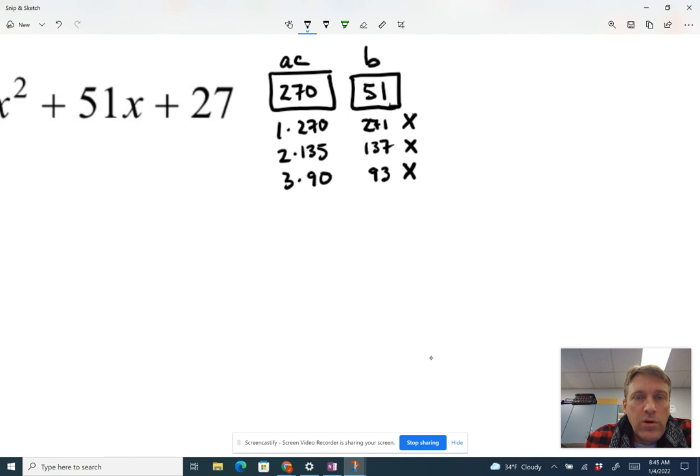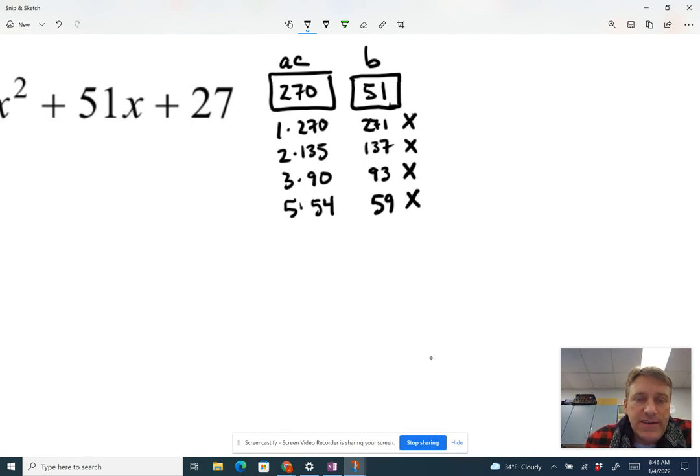4 won't go into 270. If you try it in your calculator, you get a decimal. But 5 will, and 5 goes into 270 54 times. And 5 plus 54 is 59. We're getting close, but that's not 51.